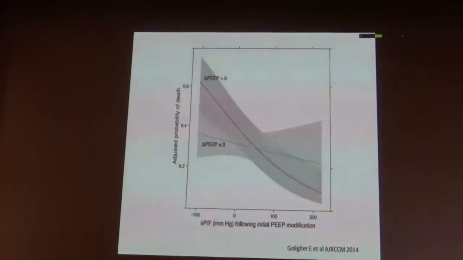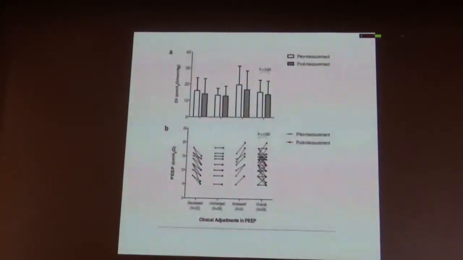In other terms, patients submitted to high PEEP with a good response in oxygenation seem to benefit from high PEEP, whereas patients who had no response to high PEEP, or even a decrease in oxygenation, seem to have a higher mortality. So we integrate all these data, the mechanical recruitability, the oxygenation response, the hemodynamic response, and we decide, based on no algorithm, but just an integration of all these data, whether the PEEP level should be adjusted.